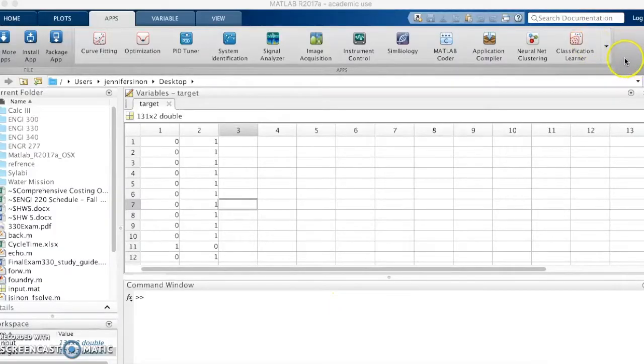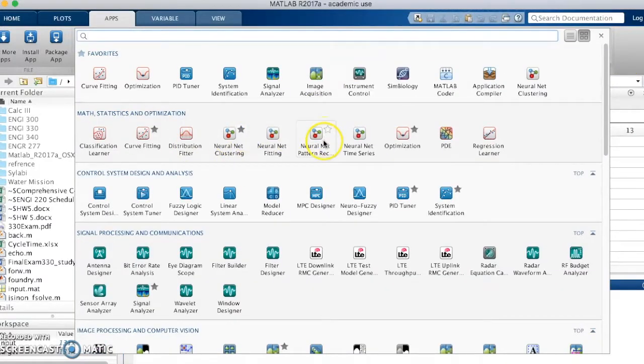Now that we have inputted the data into MATLAB, we will now use the neural networking pattern recognition tool.